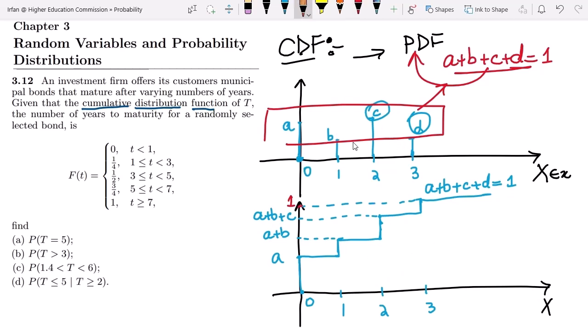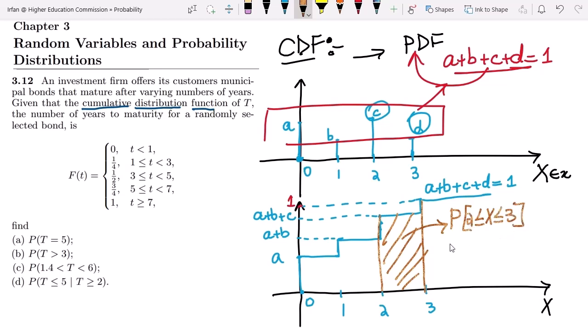So where to use this? Let me have this color, and suppose I want to find out the probability of this highlighted region, which is the region between 2 and 3. I want to find the probability that x is greater than or equal to 2 and less than or equal to 3.